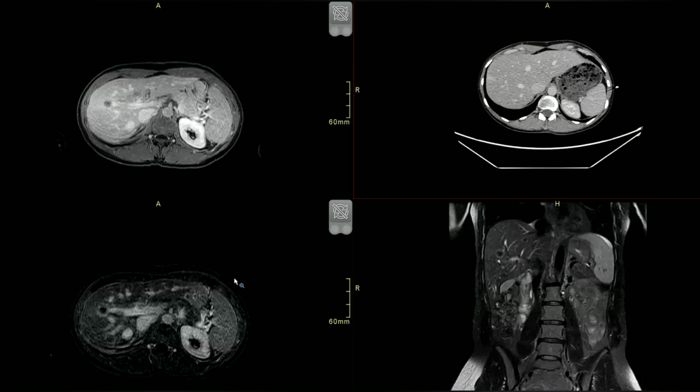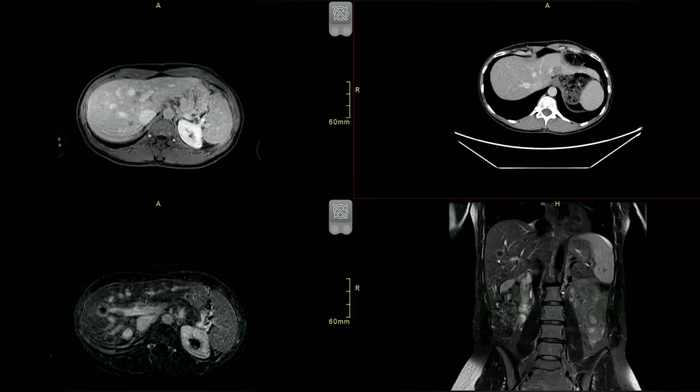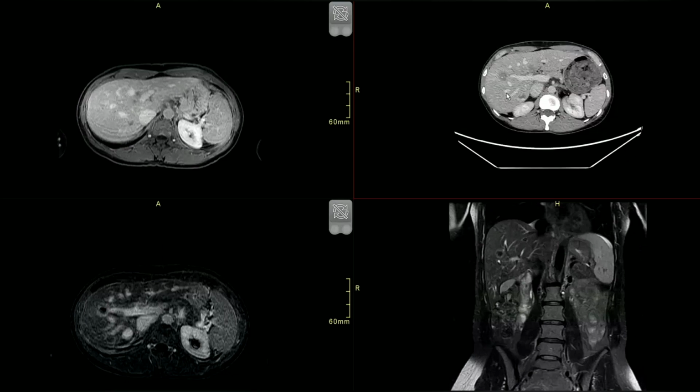Will you scroll the first image? Sure. The CT image. On the CT images, I can see that there are multiple dilated channels within the liver, which are heterogeneous hypodense lesions. They are not communicating with anything.